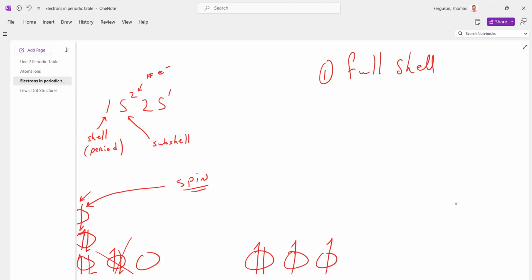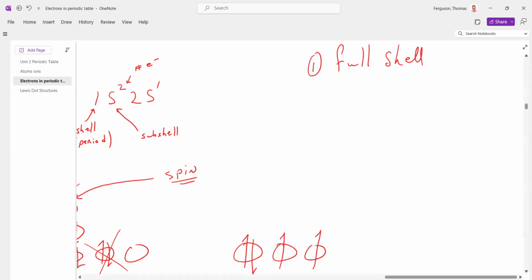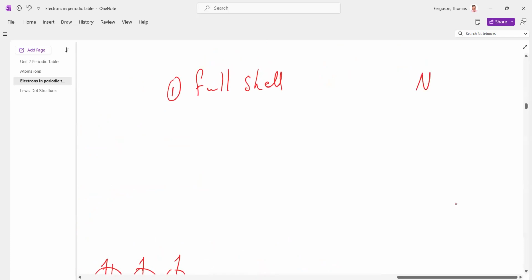Because if you look at the electrons, let's look at neon. Neon has 10 electrons. So we start filling them, innermost ones first. We're going to have shell 1, subshell S, 2 electrons there.